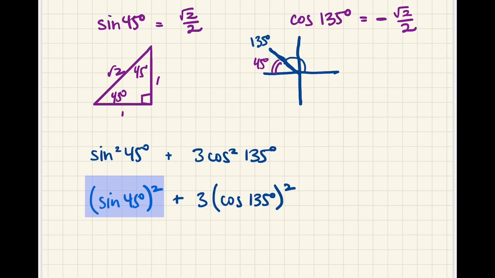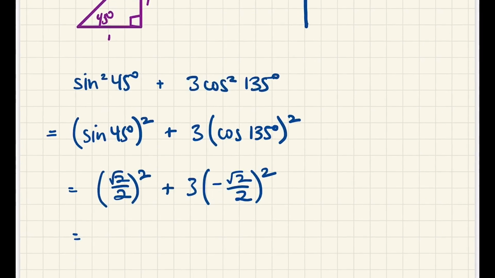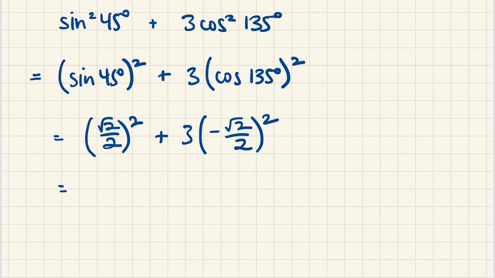So this is really the square of sine of 45 degrees. Well, that's root 2 over 2. And cosine of 135 degrees is negative root 2 over 2, and that's being squared. So, okay, squaring the numerator gives us 2. Squaring the denominator gives us 4, plus 3 times.